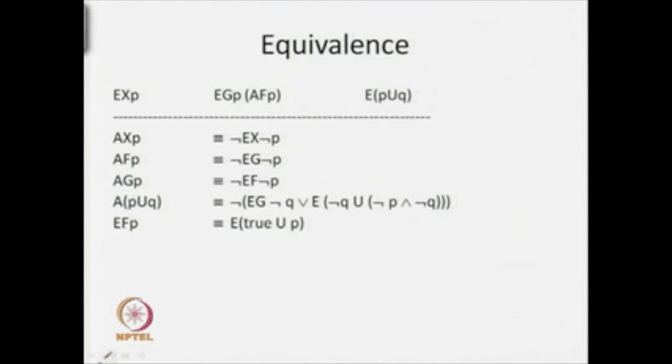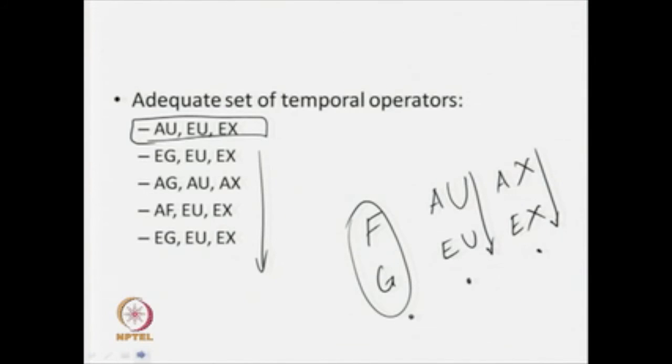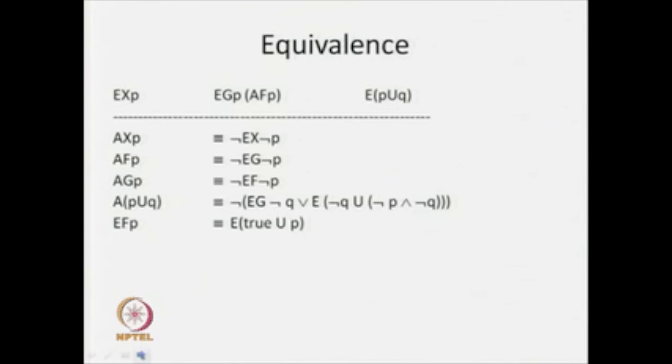Out of these, I am going to consider one and explain how we are going to see this. I am going to take the adequate set of operators EX p, one X, then EU, E p until q, and as the third operator either I take EG p, there exists a path where globally p holds, or maybe AF p, because I know that E is dual of A, G is dual of F, so either I can take this one or this.